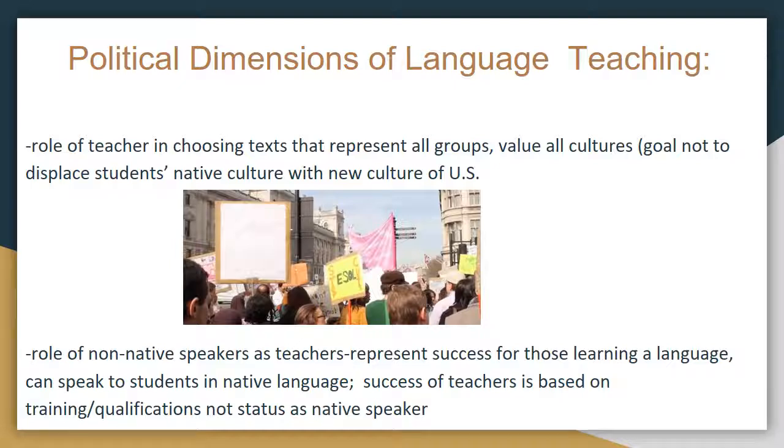Also, furthermore, there's discussion in Larsen-Freeman's book about what role non-native speakers should play if they choose to be teachers of English. For example, some countries prioritize choosing people who are native speakers of English to teach English to children or to people in that country.